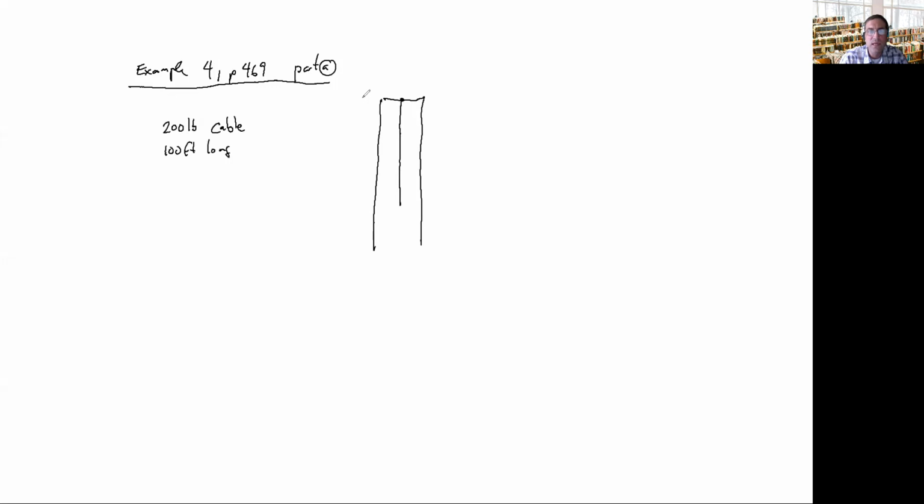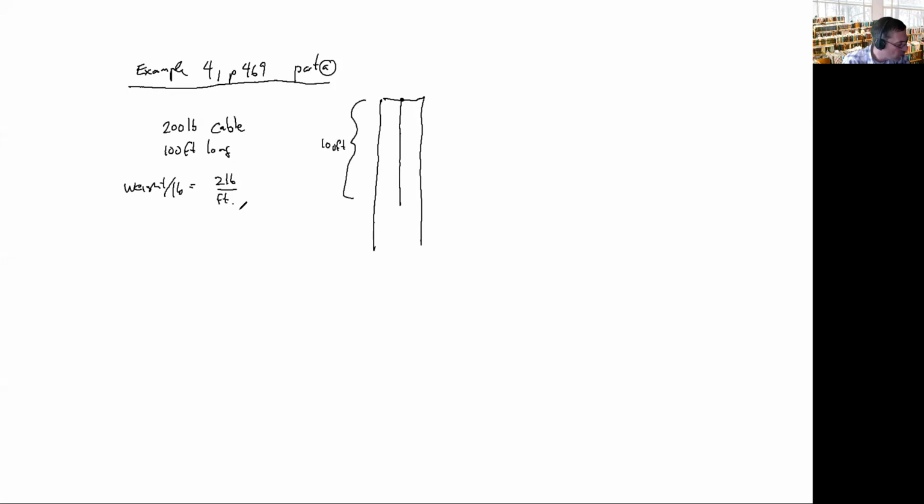So the cable is 100 feet total. Now, we can figure out the weight per foot. The weight per foot is 200 over 100, so it's 2 pounds per foot.